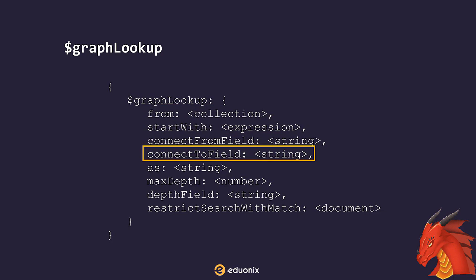Each match found has graph lookup add the matching document in the from collection to an array field. This field is uniquely named by the as parameter.